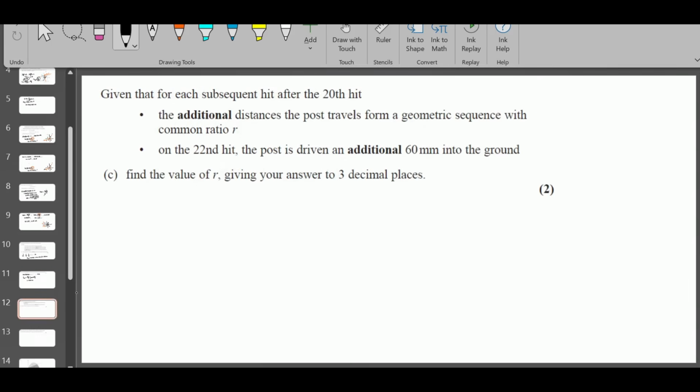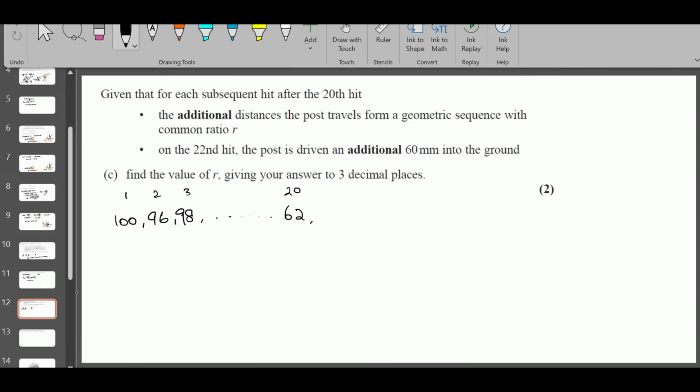Part C. Given that for each subsequent hit after the 20th hit, the additional distance the post travels forms a geometric sequence now. So from the first hit, 100, 98, 96, all the way to the 20th hit, right? This is first, second, third.